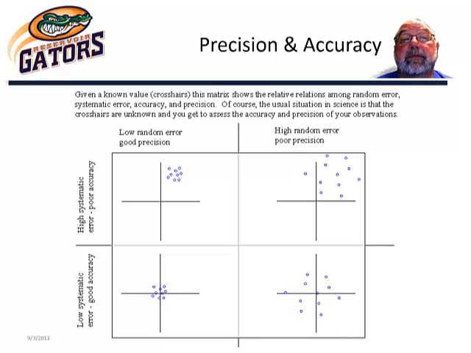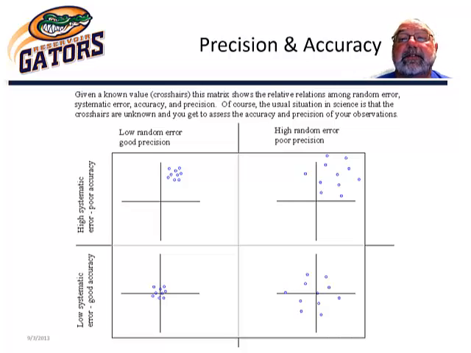Lower left-hand corner, we have high precision and good accuracy. That's what we're striving for. We're striving for repeatable measurements and as many errors in the experiment eliminated as possible. We can't eliminate all of them. We can't reduce our measurement uncertainty to zero, but we can do our best. We can use the right tools and measure carefully and eliminate those factors that we can.